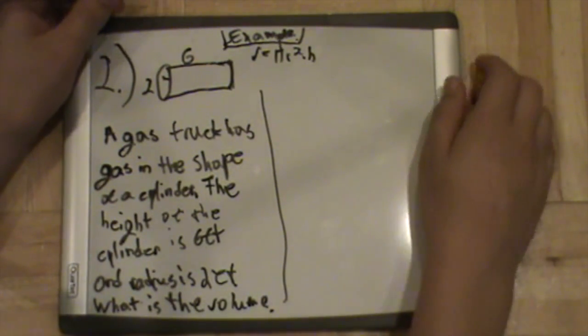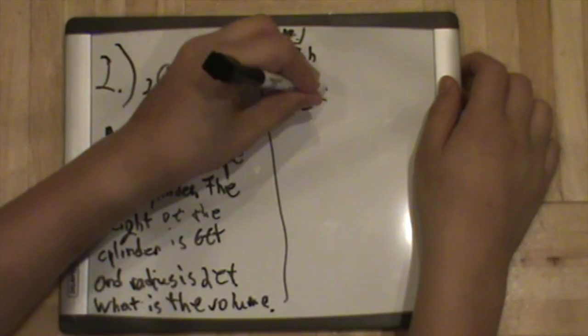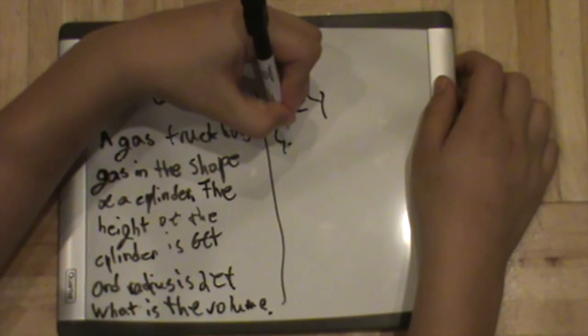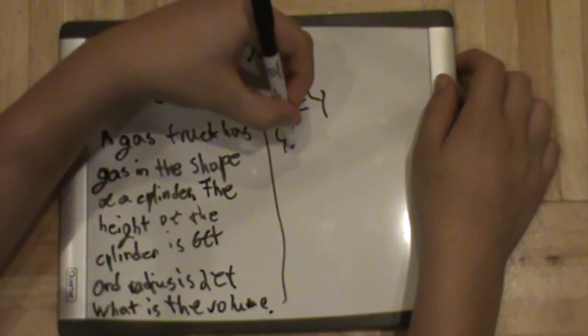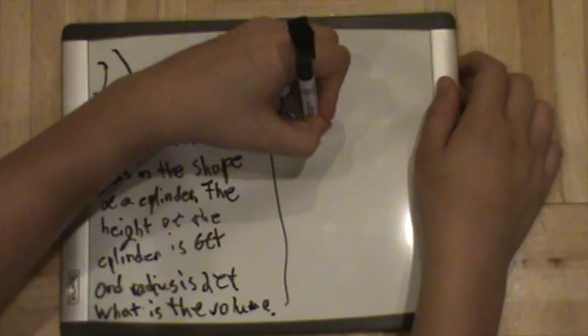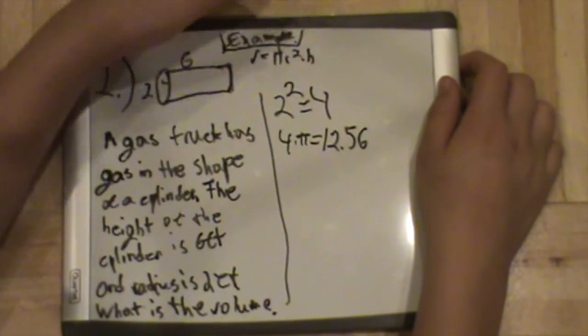So again, we square the radius to get 4, and then multiply the 4 by pi, and that gives us 12.56.